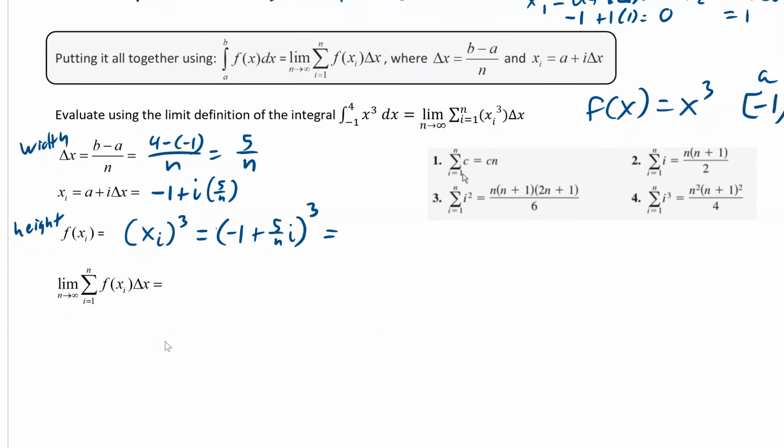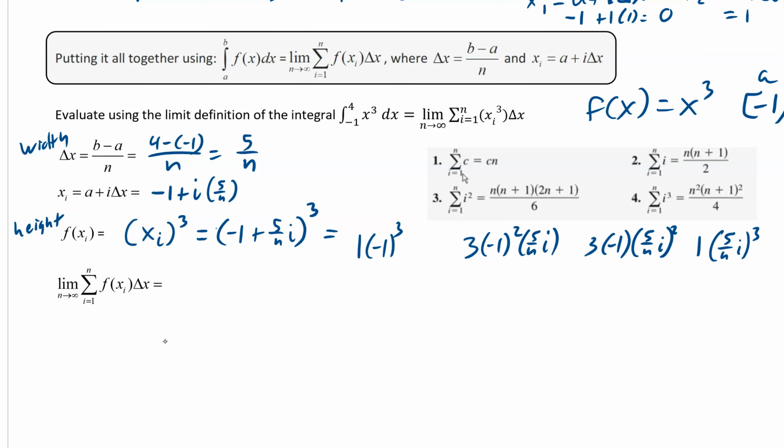So we're just using a little binomial expansion. Our coefficients for the cube were 1, 3, 3, and 1. And then now I can plug it in. So -1 cubed, -1 squared, -1. And then 5 over n i cubed, 5 over n i squared, and 5 over n i. Plus, minus, plus. And so the first one would become just plain old -1.